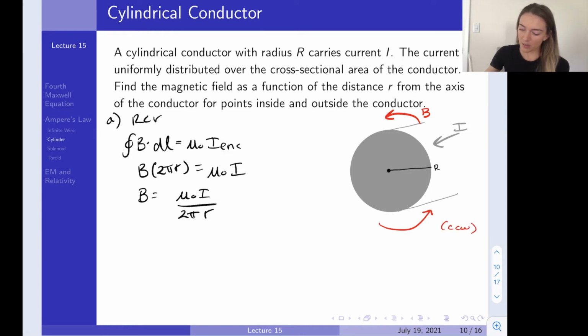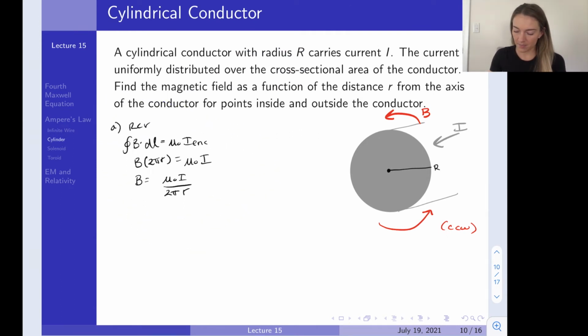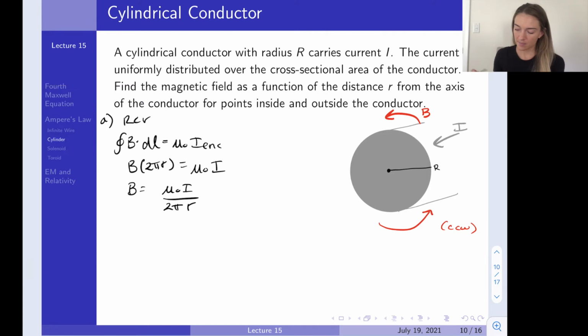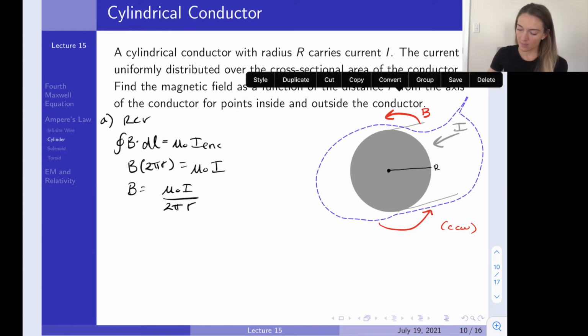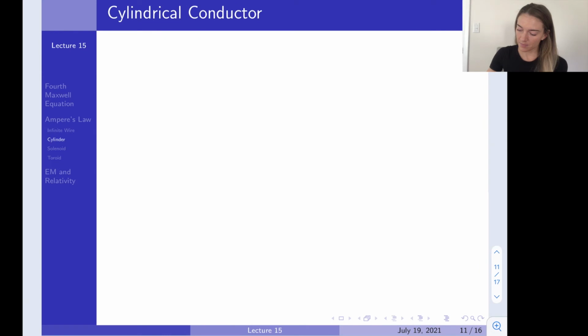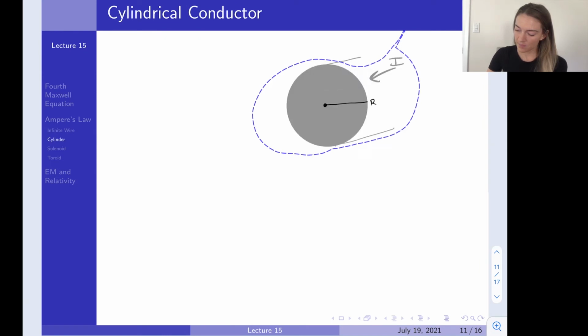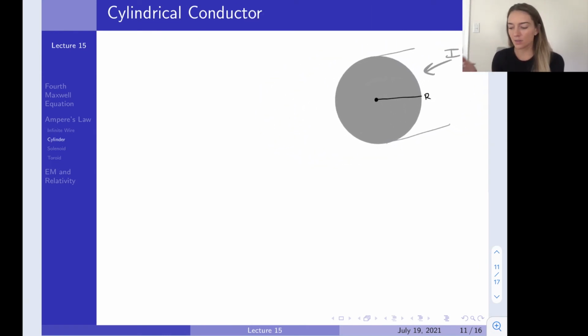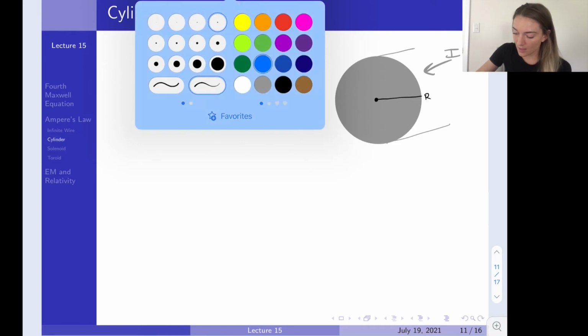Okay, now let's look at inside the conductor. So inside, let's just draw the same picture. All right, so now first of all, where am I going to draw my Amperian loop here? I'm going to draw my Amperian loop inside the conductor, since that's what we're looking at now.